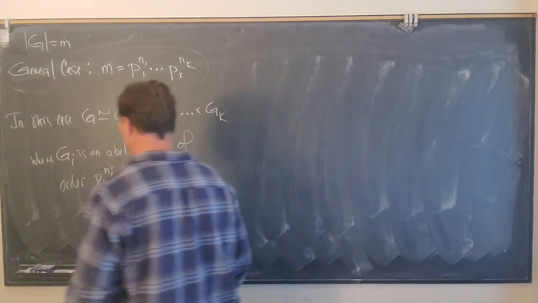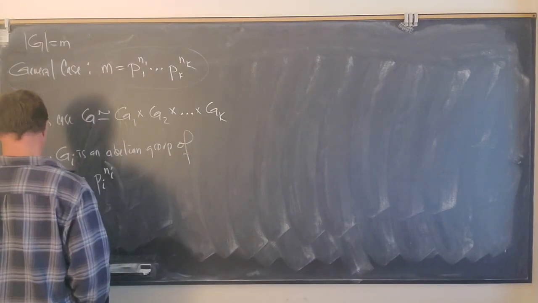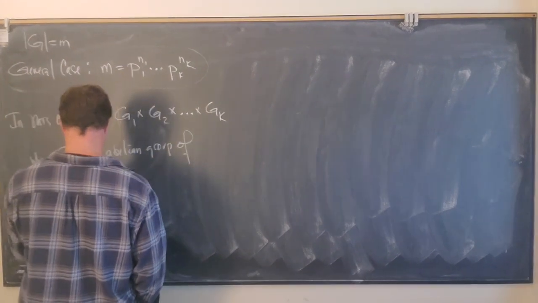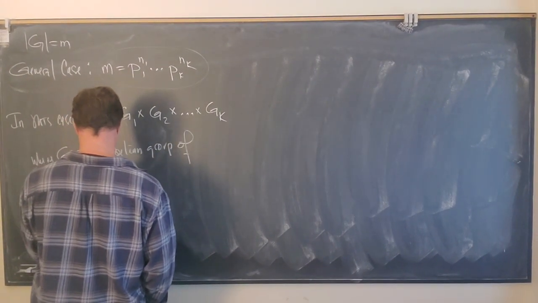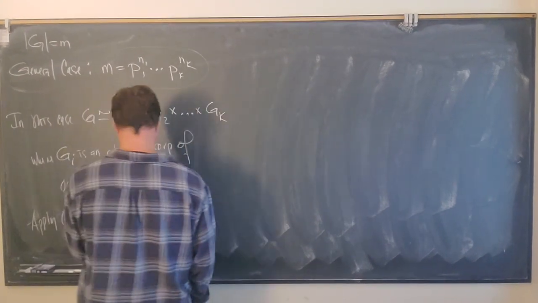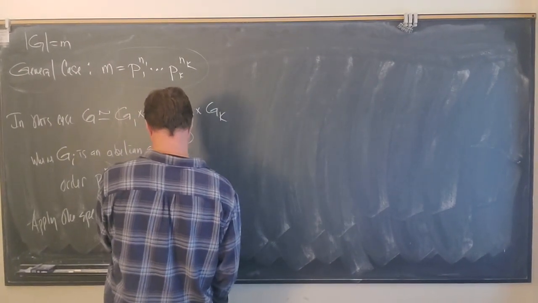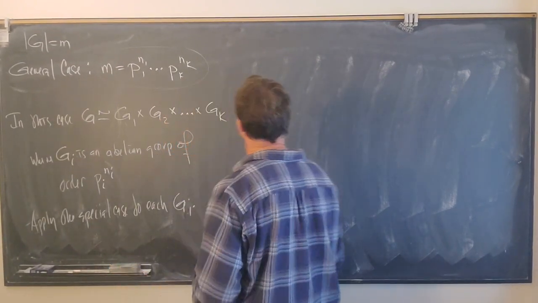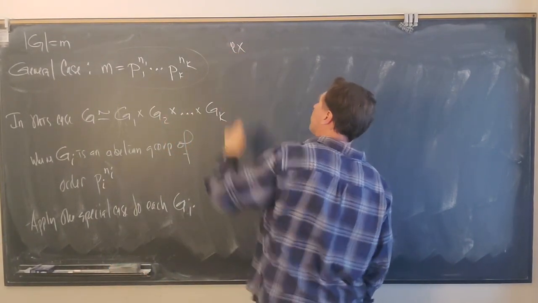So now we'll apply the special case to each Gi. So that's the process. Let's do an example here.